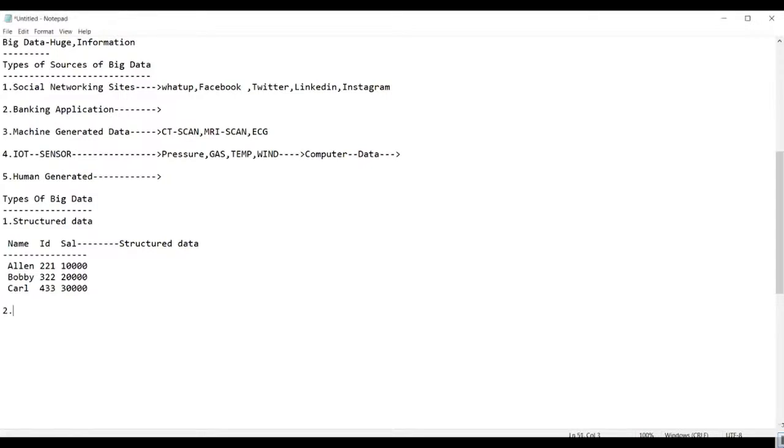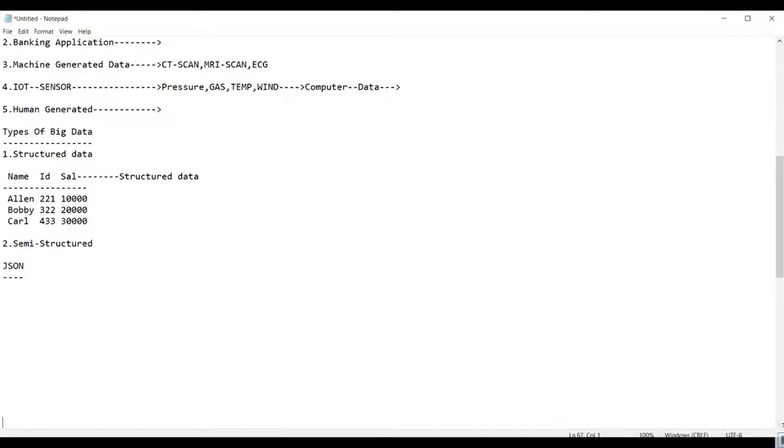So now, guys, this is structured data. The next one, the second one, is semi-structured data. Semi-structured data means this data is purely not structured as well as not unstructured. It is semi-structured. For example, you have the data in JSON files. I'll show you how the JSON file looks and how the data will move.